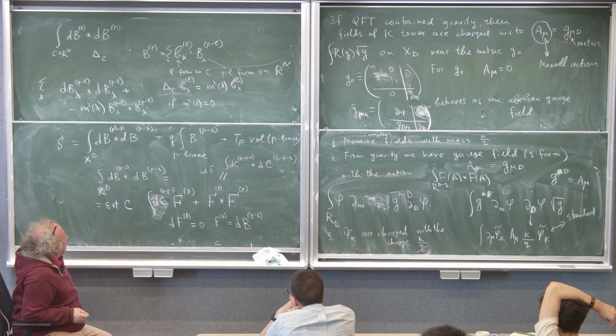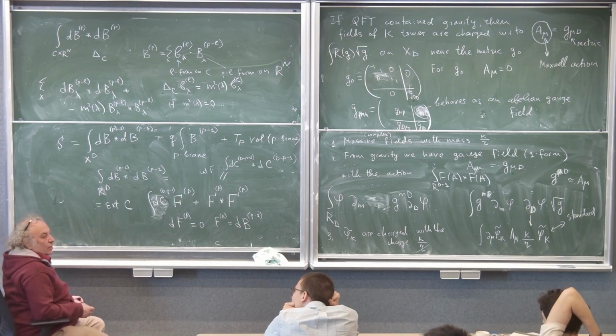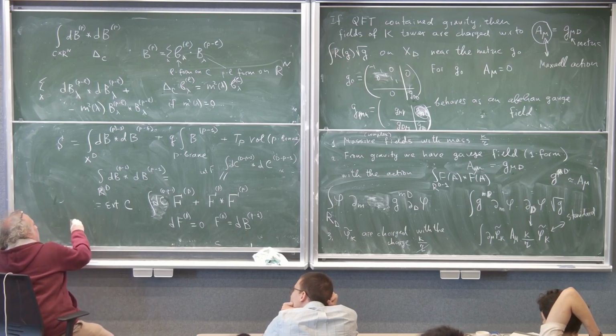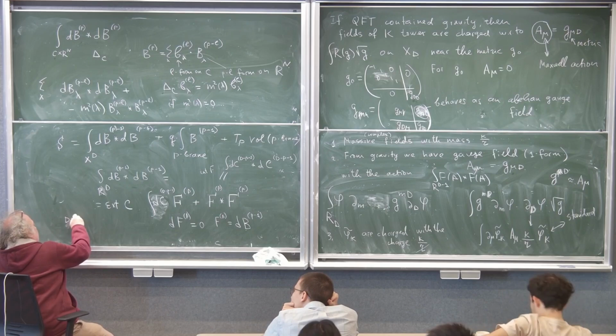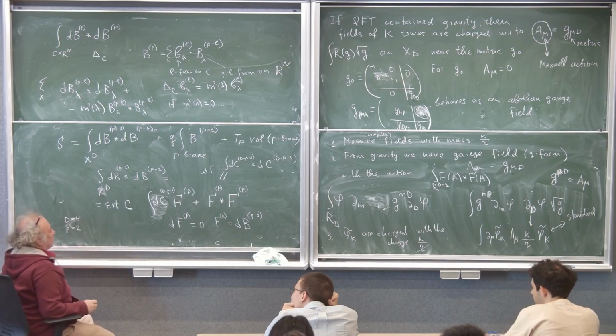Let me get the numbers. So classical electromagnetic duality corresponds to D equals 4, P equals 2, right?